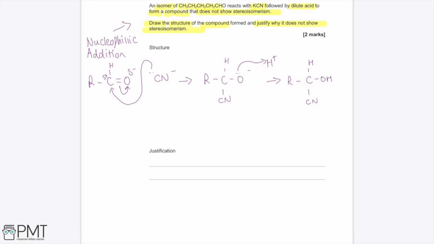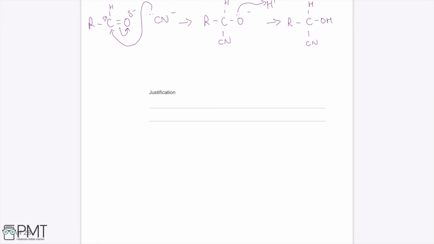So now if we draw out fully what we have: CH3, CH2, CH2, CH2, and then a carbon attached to a single hydrogen, attached to an alcohol functional group, and attached to a cyanide.